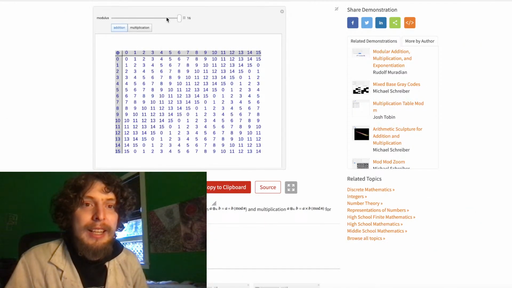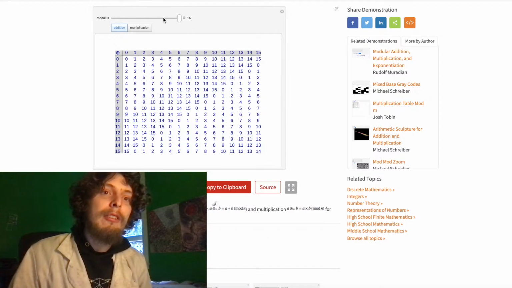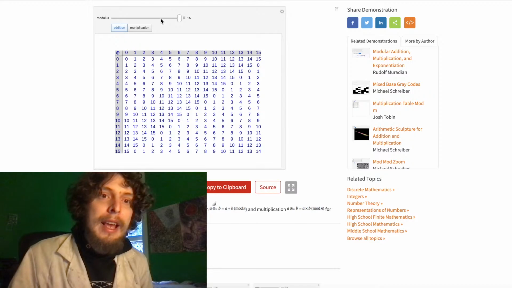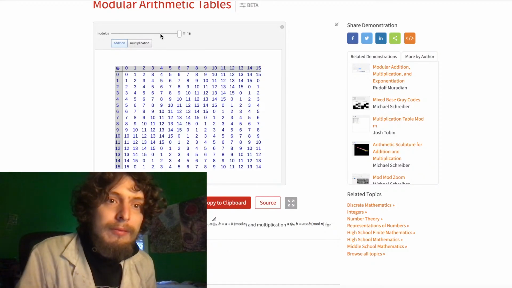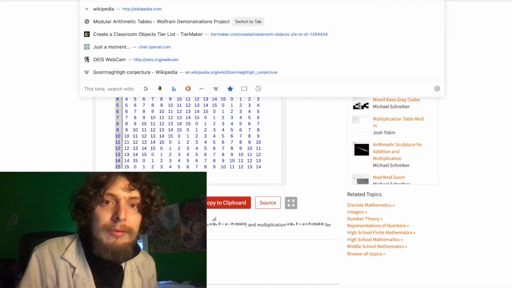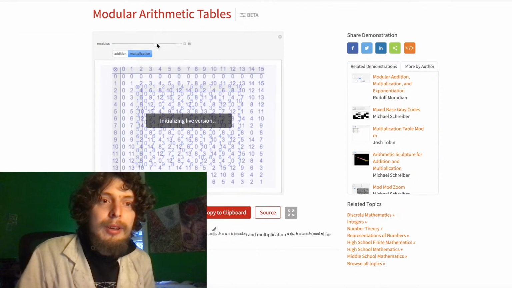So like if I look at the mod 12 addition chart, this is like if we described clocks with 12 actually being 0, and I'll go to mod 12. Let's retry this page. Mod 12.